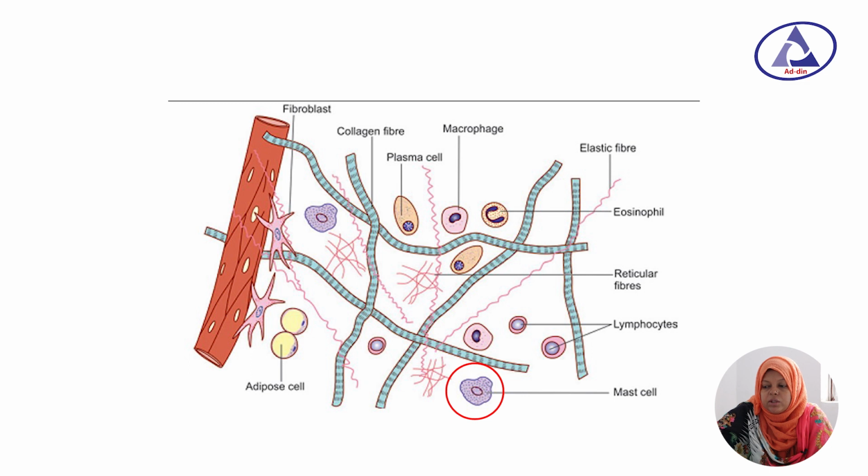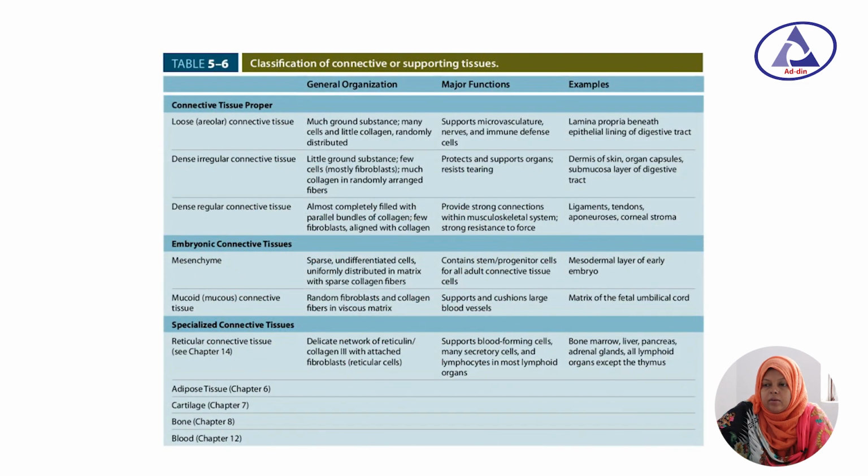which act in the local inflammatory response, innate immunity and tissue repair. Now there is a classification of connective tissue, or the supporting tissue. There are connective tissue proper, embryonic connective tissue and specialized connective tissue. The specialized connective tissues are reticular connective tissue, adipose tissue, bone, cartilage and blood. The embryonic connective tissues are mesenchyme and mucoid connective tissue.